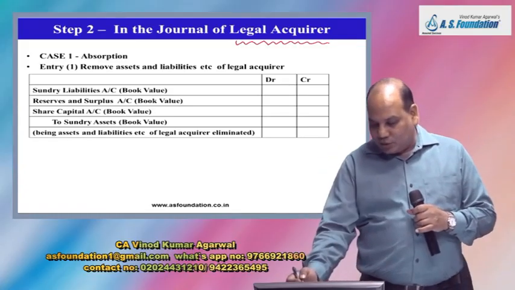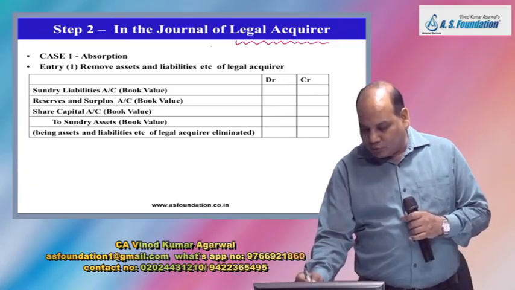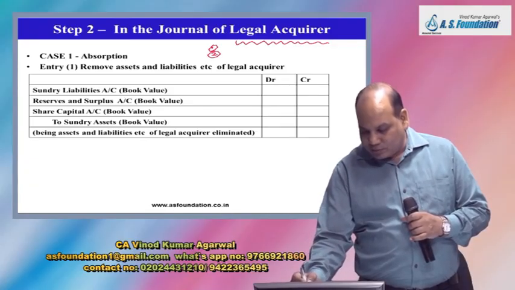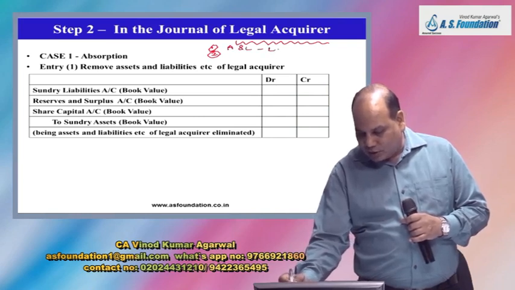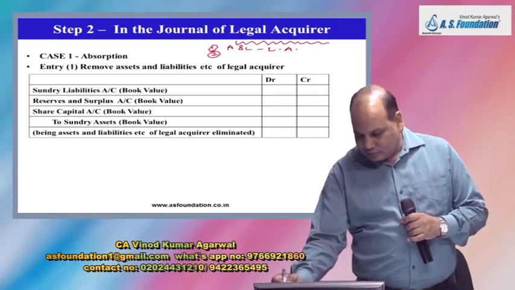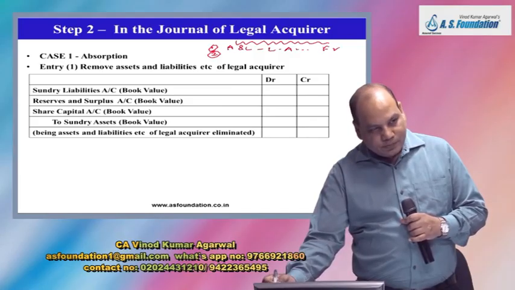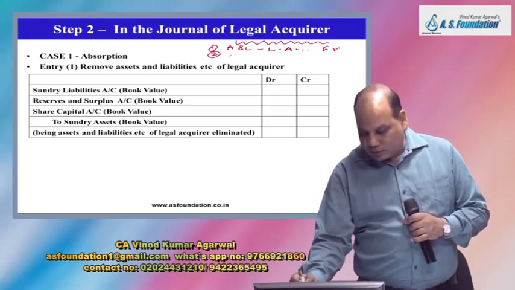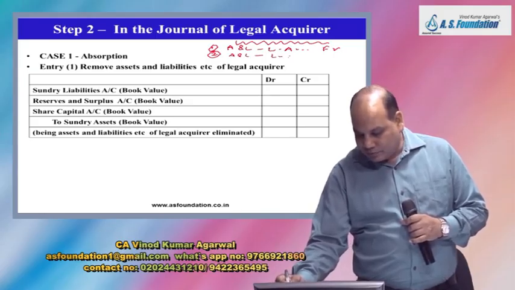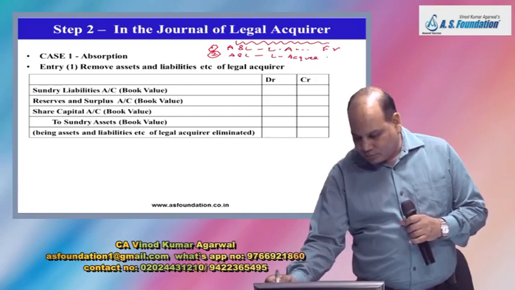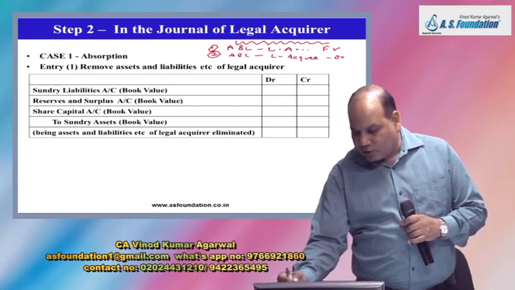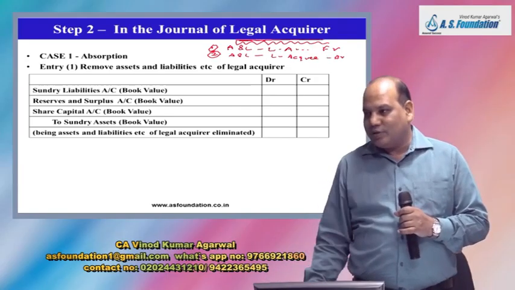So in the books of legal acquirer, two principles I have to remember: the assets and liabilities of legal acquirer must be at fair value, and assets and liabilities of legal acquiree must be at book value. But we are in the books of legal acquirer only.